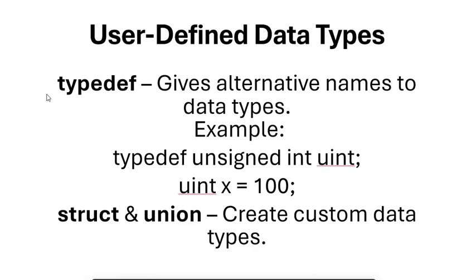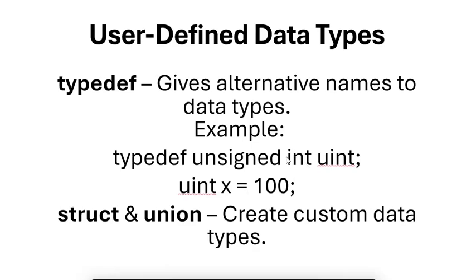Those are typedef, struct and union. Here typedef gives alternative names to the data types. For example, typedef unsigned int uint. Here uint is a data type, x is equal to 100.